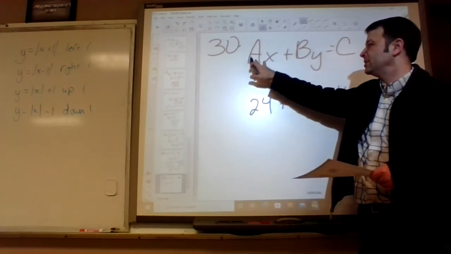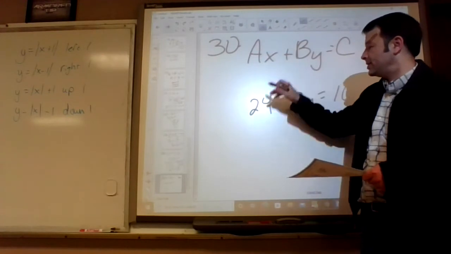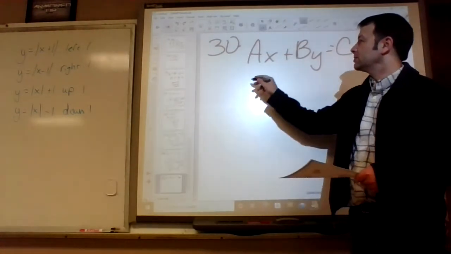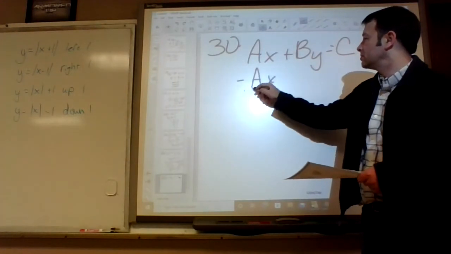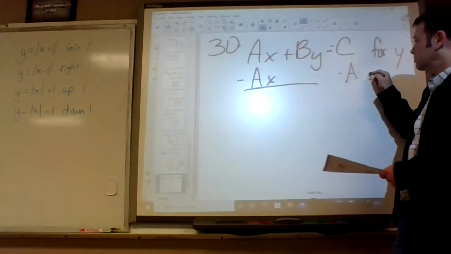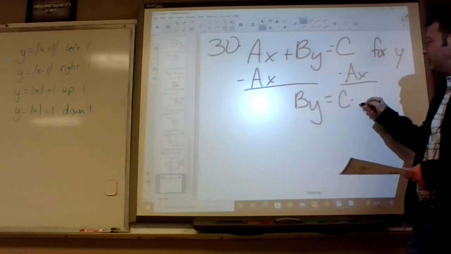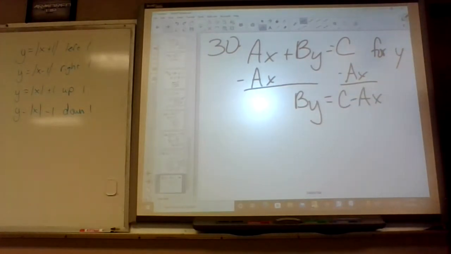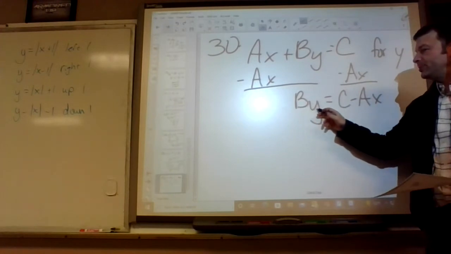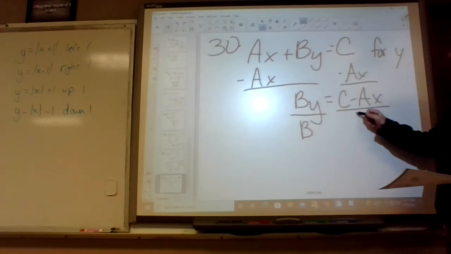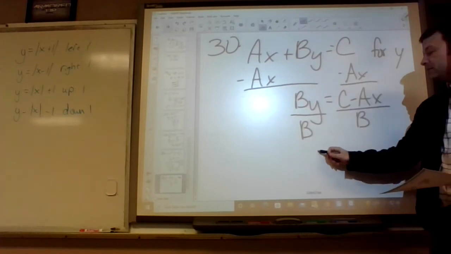In this case, since this whole term is added, you can just subtract it all at once. So subtract ax. So by equals c minus ax. Divide by b. Since b is multiplied to y, to get rid of it I would divide by b. You can just put the whole right side divided by b.